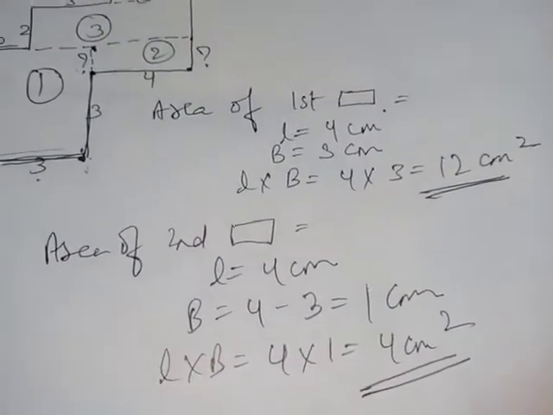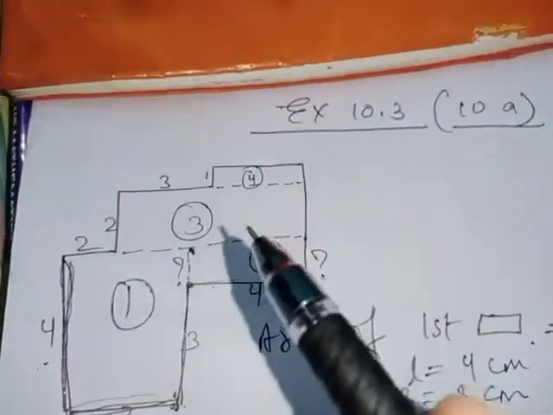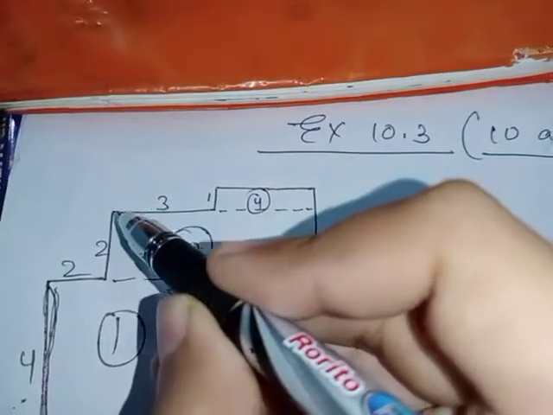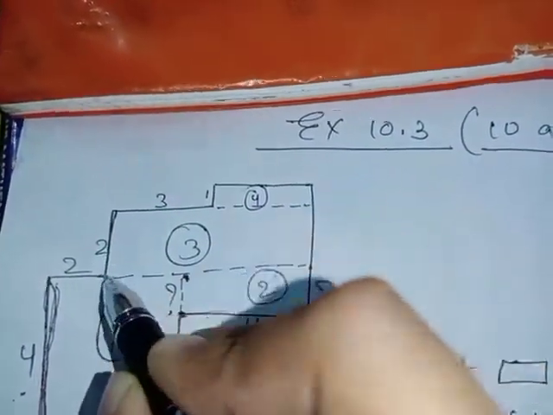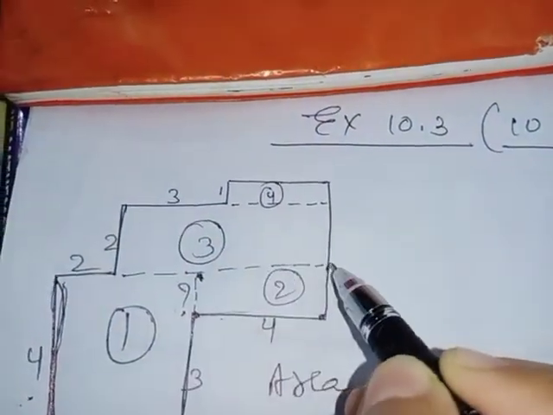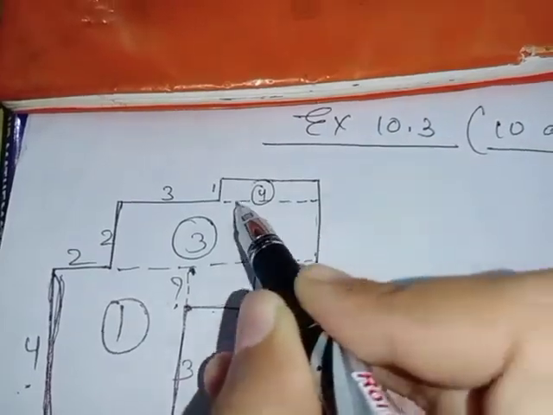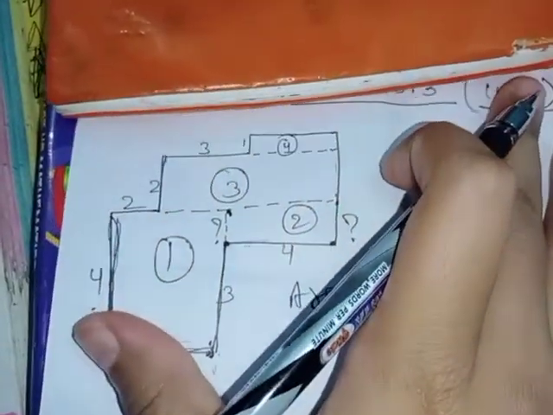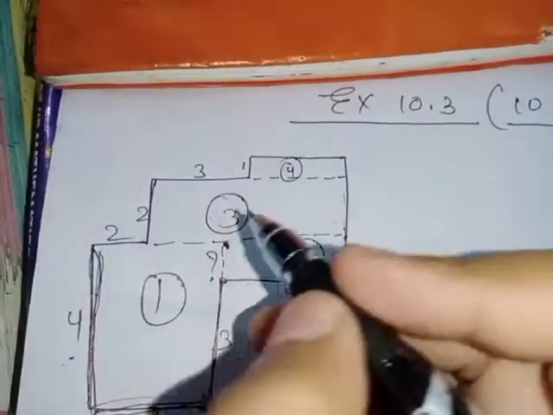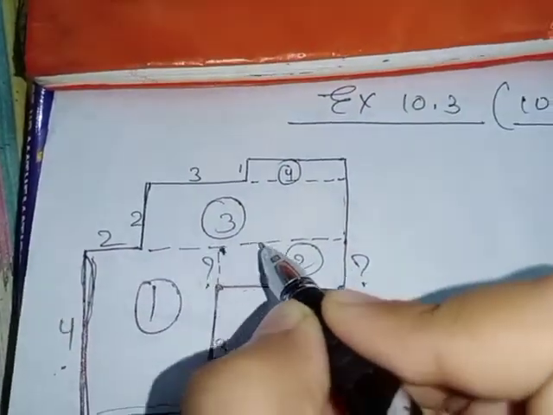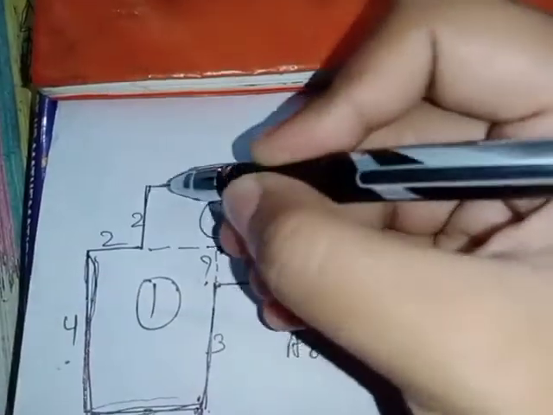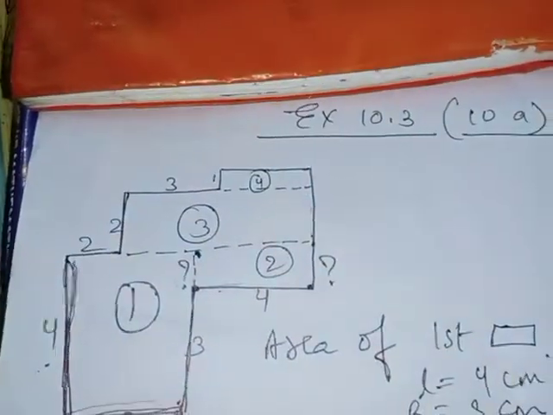Right? Now we will move forward with the third rectangle, which is from this portion to this complete line, and then upside, and then this much. Okay, now how do we find the length and breadth here? You can see here, this portion we do not know what is the length, but we know this line's measurement is already given.